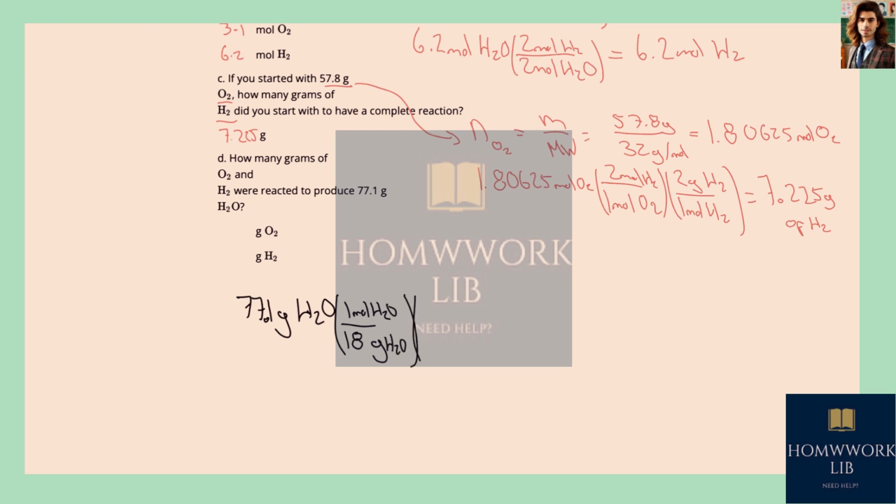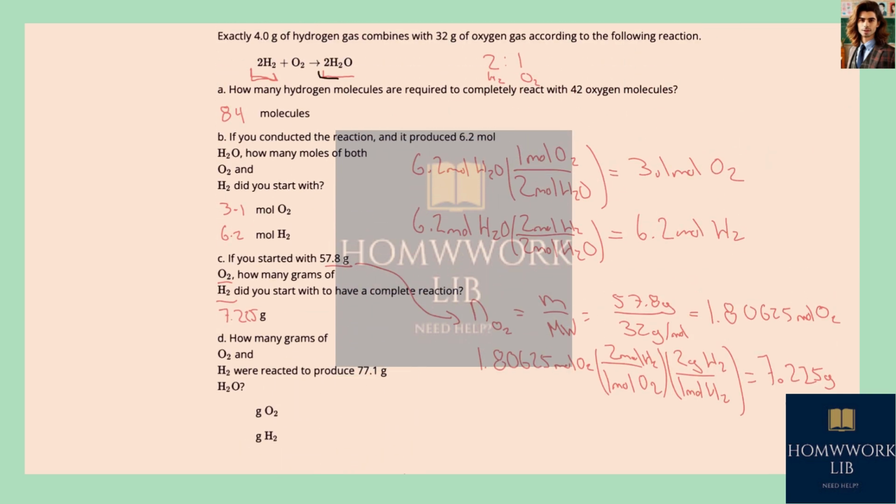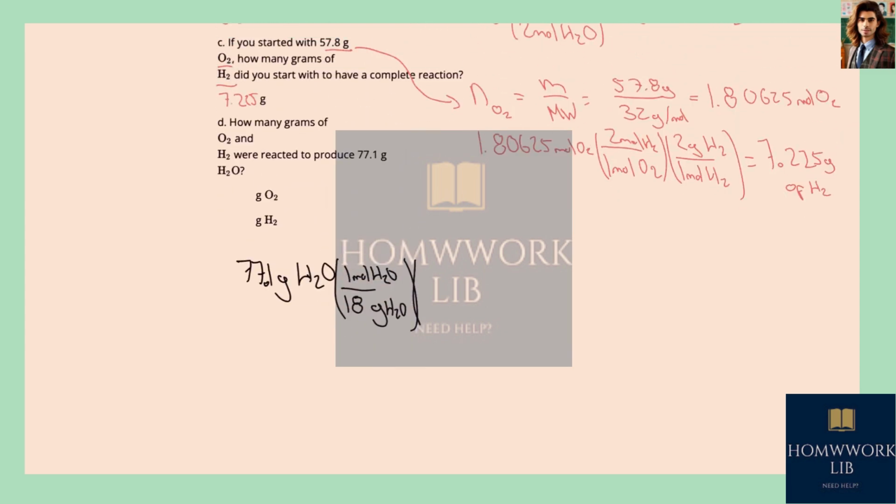Now, following our chemical reaction, we know that 2 moles of water are going to be produced from 1 mole of oxygen. And finally, the last conversion factor is that 1 mole of oxygen is going to be equal to 32 grams of oxygen.